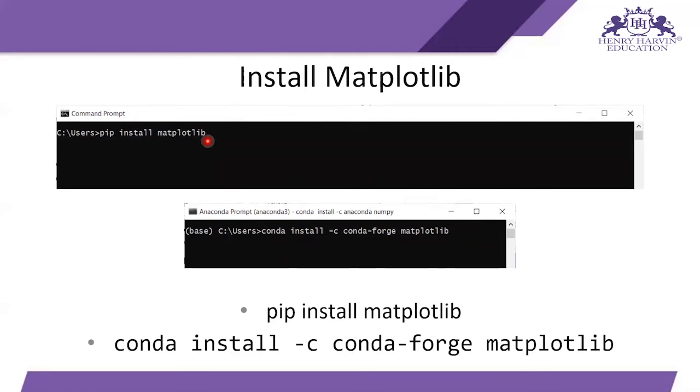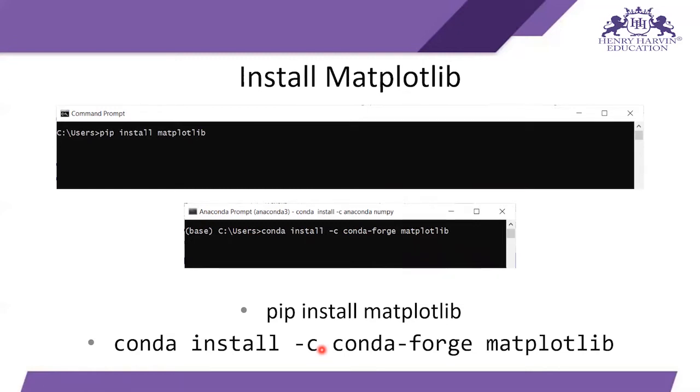And next, if you are using an IDE, let's say Anaconda, then you can write this command: conda install -c conda-forge matplotlib in the Anaconda prompt. Then you can import the matplotlib library in your IDE like Spyder or Jupyter.